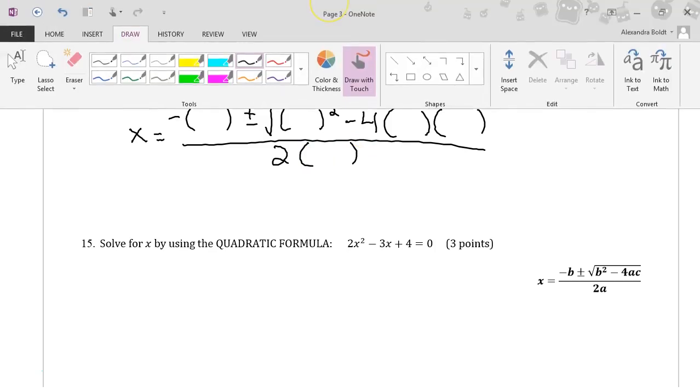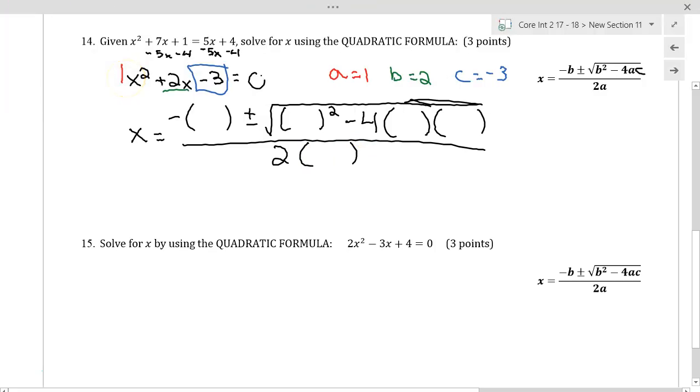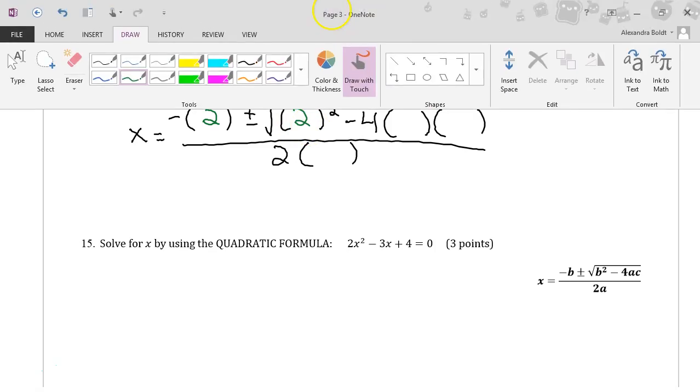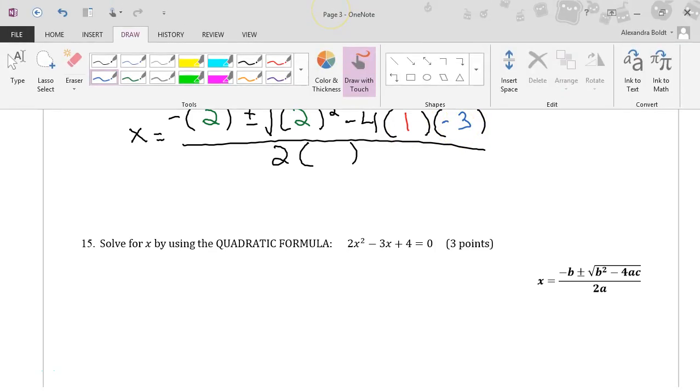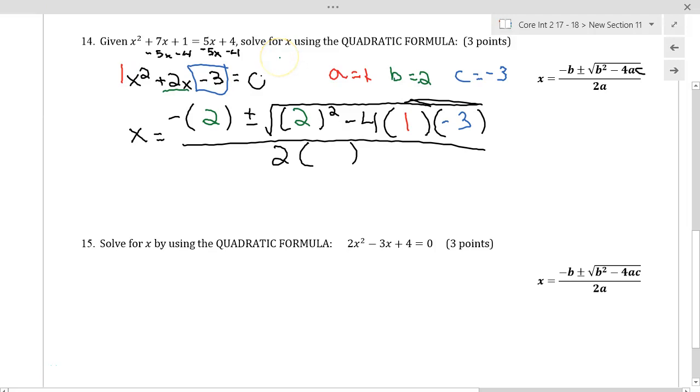Okay. My first letter is B, and B we got as 2, plus or minus the square root of 2 squared minus 4 times 1 times negative 3, all over 2 times 1. Right.